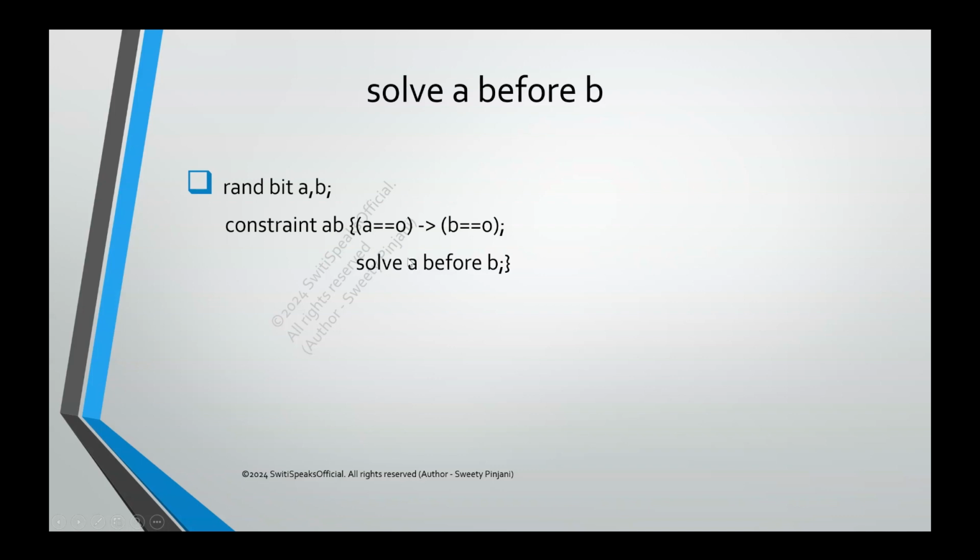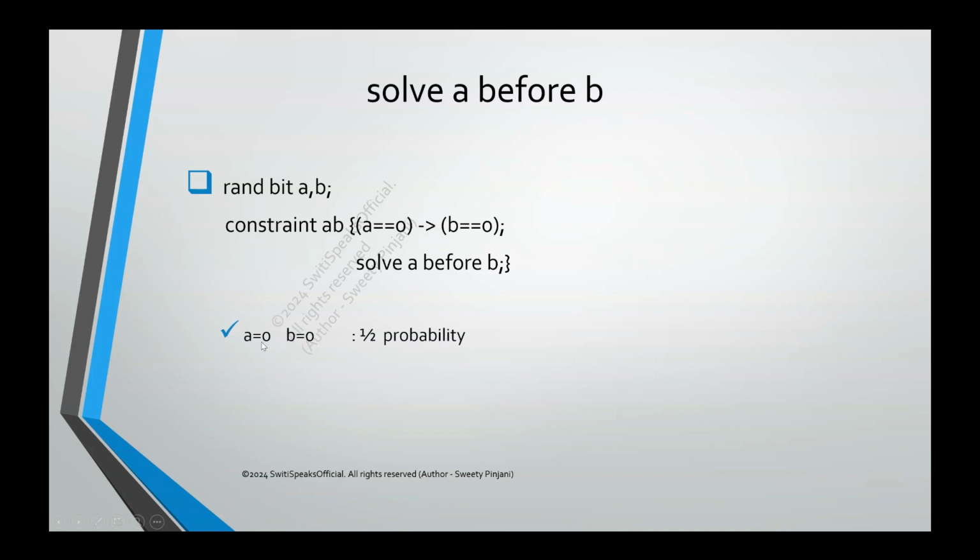So the total probability will first go to A, and depending on the probability of A, the values of B will get generated. Let us see how. One thing, A is solving before B, that is why A will have first priority, which means the two values of A equal to 0 and A equal to 1 will get generated with equal probability.